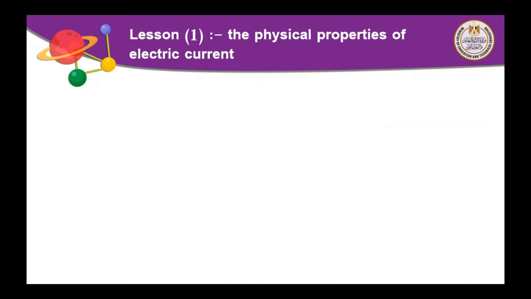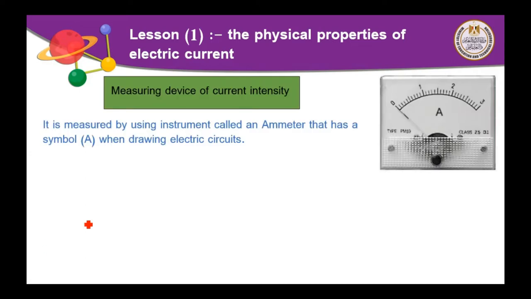Now we must know the device that is used to measure the electric current intensity. Electric current intensity can be measured by a device that is called ammeter.